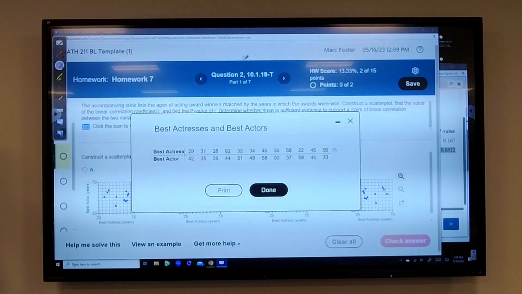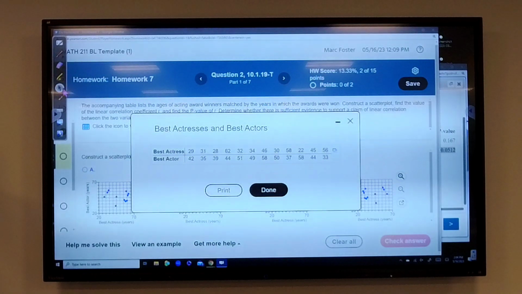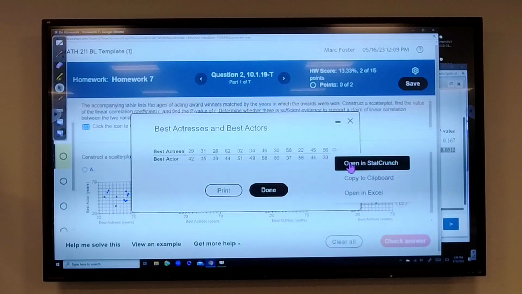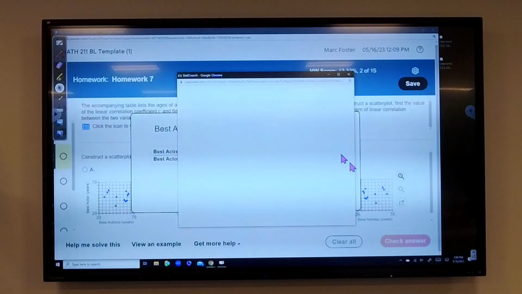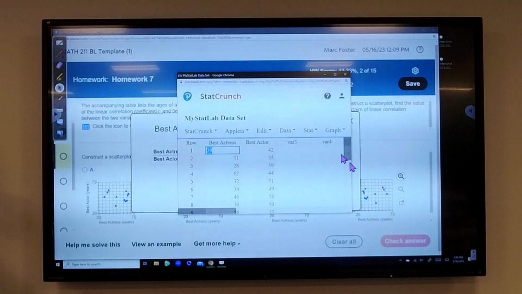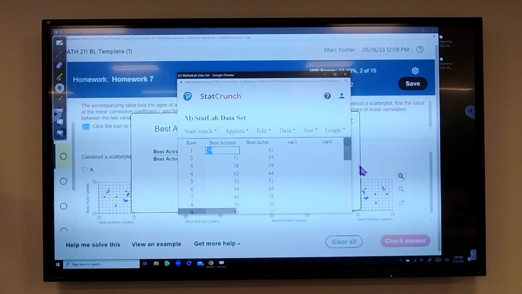But it's not necessarily the case that their ages would need to change relative to each other, such that if the best actress got older, then the best actor would also need to get older.